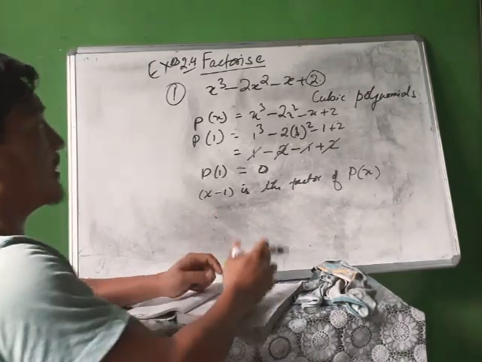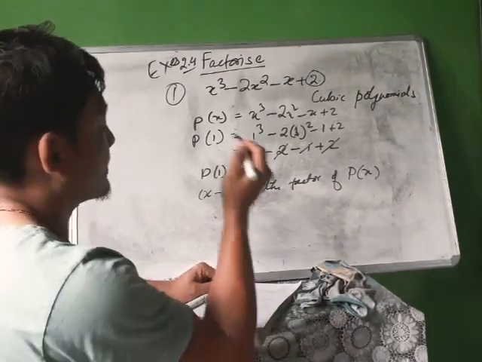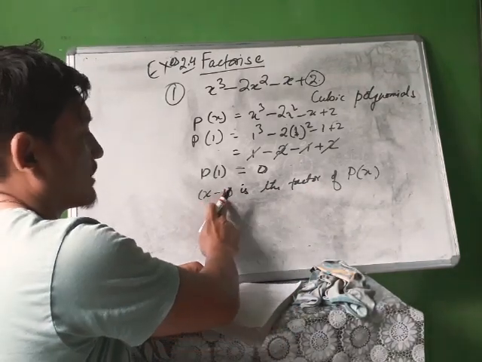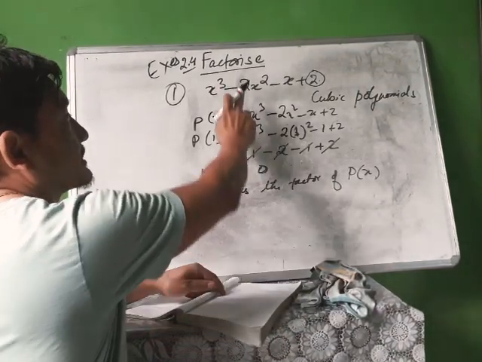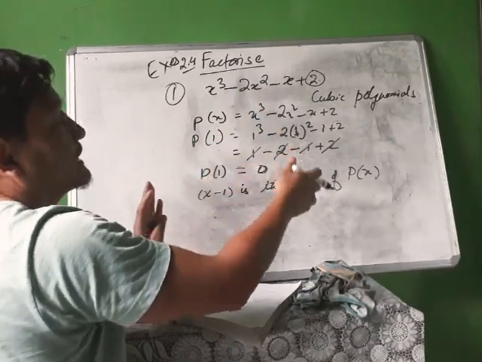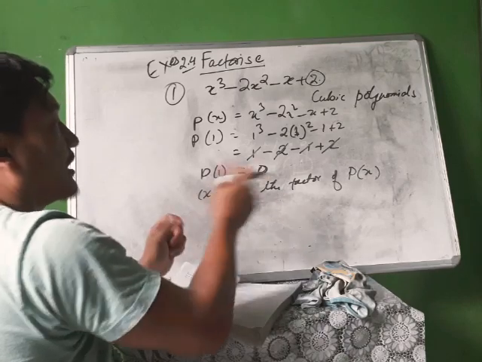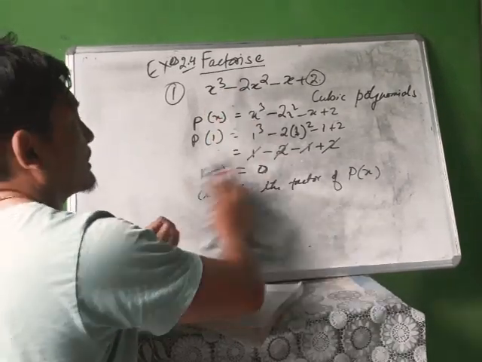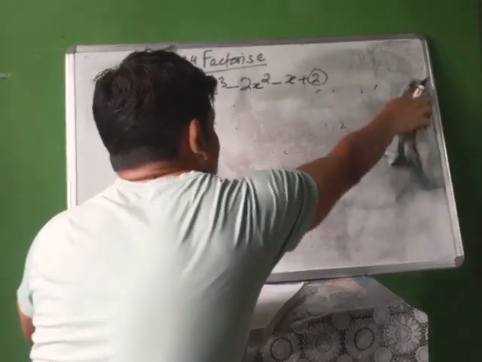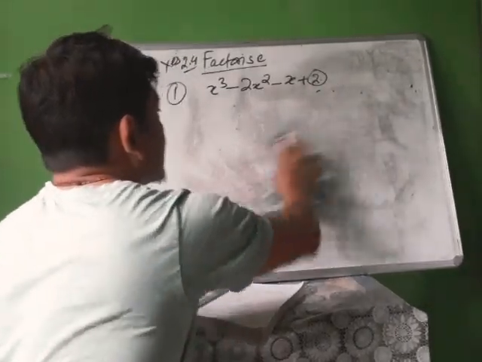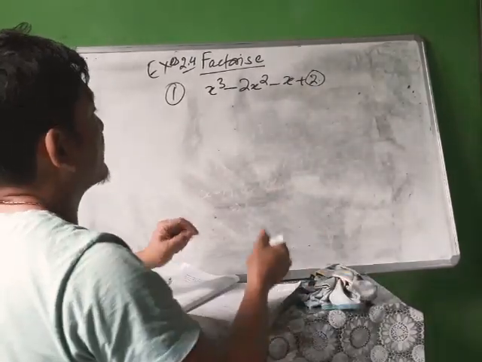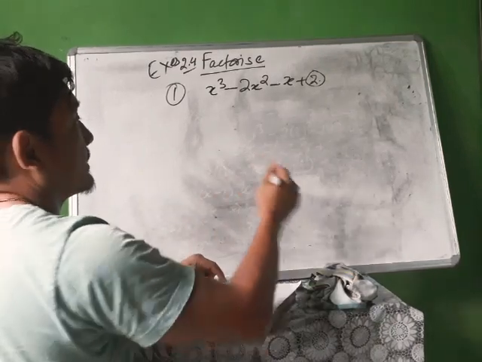Here x minus 1 is coming as a factor of the given polynomial. So what will we do? We'll keep in mind that x minus 1 will work as a factor, so we will rearrange the given polynomial in a way that x minus 1 comes out as a factor. I'm just erasing this and we'll continue. Watch this board properly.